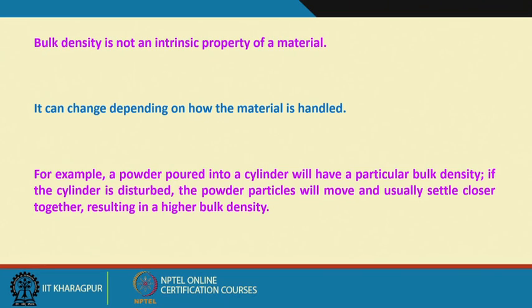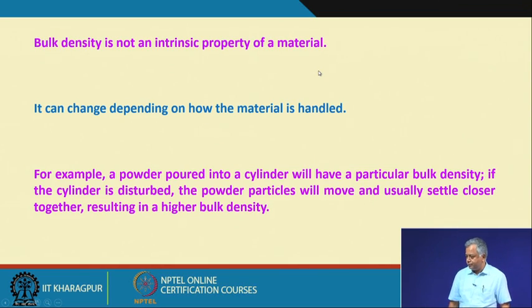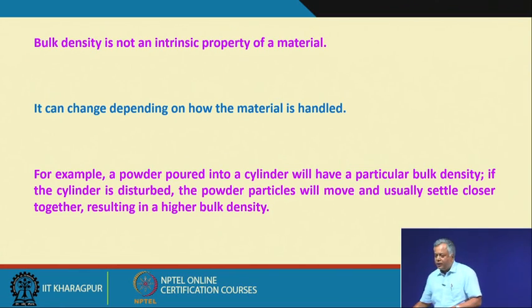Please remember that bulk density is not an intrinsic property of a material. Why are we saying this? Because it can change depending on how the material is handled, like the example I have given, of how the material is poured: whether it is loosely packed, or whether there are some rearrangements of the particles to decide their optimum packing.